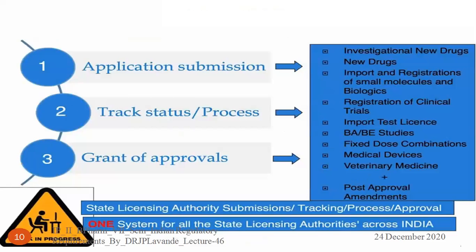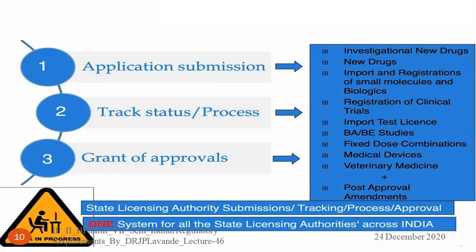Now you can see that the online process makes things easy in the sense that the application can be submitted from anywhere at any time in the country, or in any corner of the world, right? You can just sit at your home and from there go for submission of the application. Or suppose you are situated in Australia, from there also you can apply for getting approvals in the case of India, right?